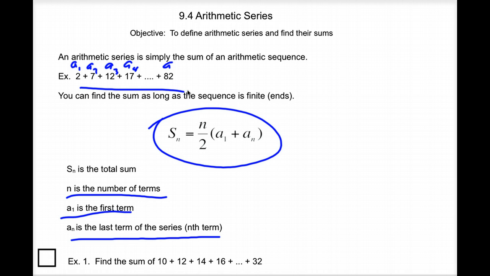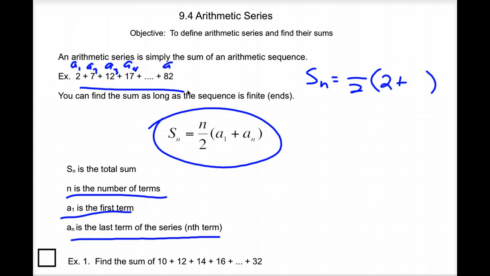We'll use this on our first example down there. Once we get to the first example, maybe you want to pause and give it a shot. But if you do this, follow the pattern, follow the formula. n is however many terms; I don't know that. I do know a1 is 2, and I don't know the last term, but I can figure it out. How do I figure it out?